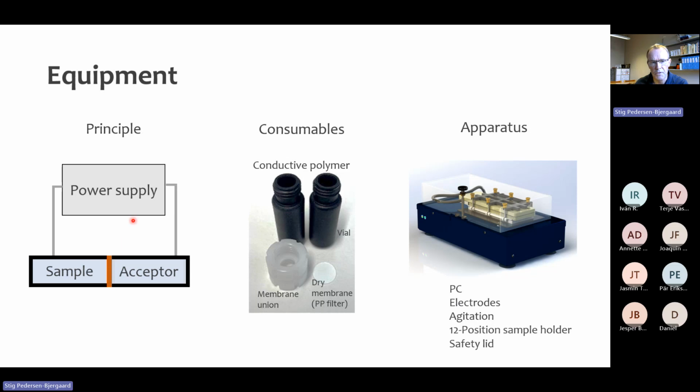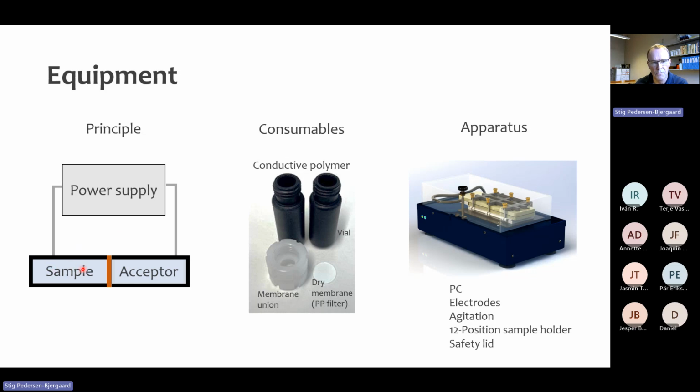The commercial equipment is based on the use of vials of conducting polymer. You can see the vials here. We use one vial for the sample solution and one vial for the acceptor. And then there is a membrane. Here is a dry filter membrane, which is located in this membrane union, and this membrane union can combine the two vials. So we get a system, as you can see here.